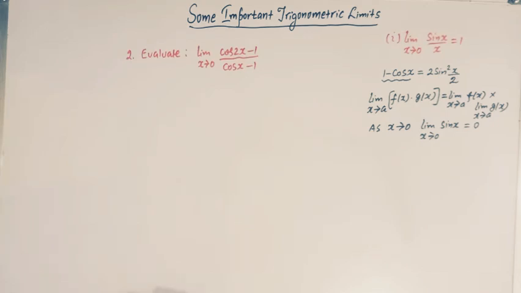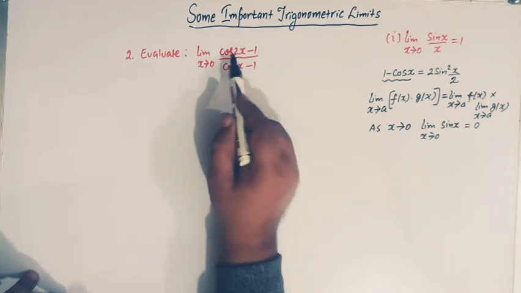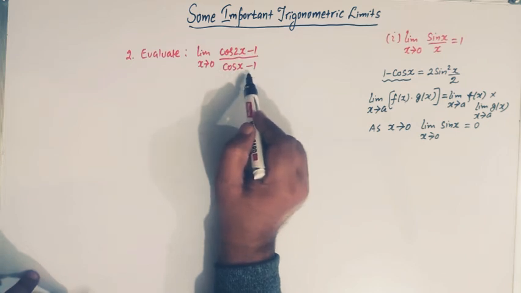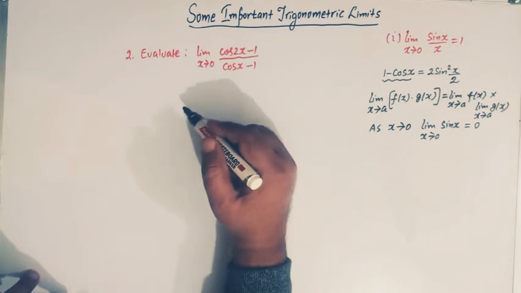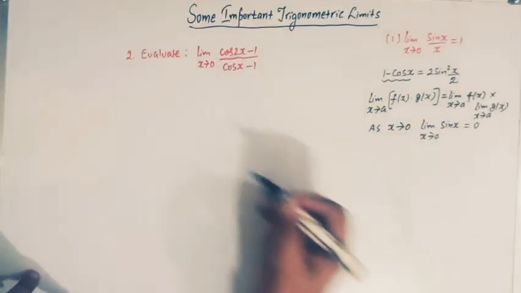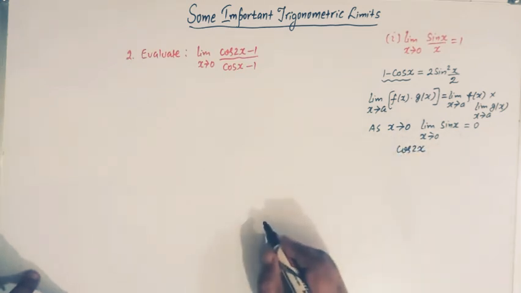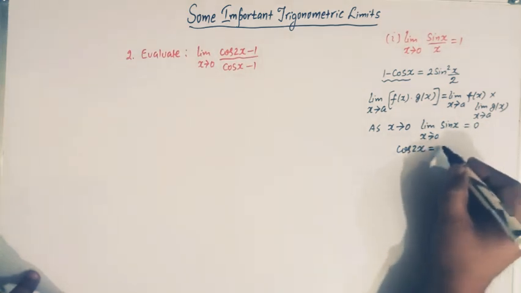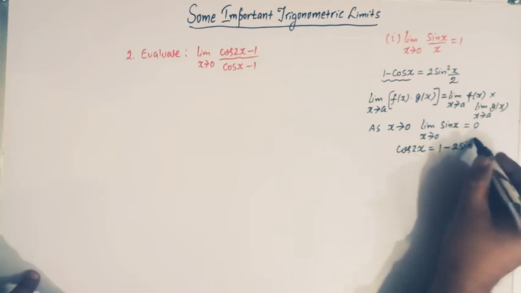Now let us take one more important limit. Here we have to evaluate limit x tends to 0 of cos 2x minus 1 divided by cos x minus 1. Here again we'll make use of some trigonometric results, and we know that cos 2x can be written as 1 minus 2 sine square x.